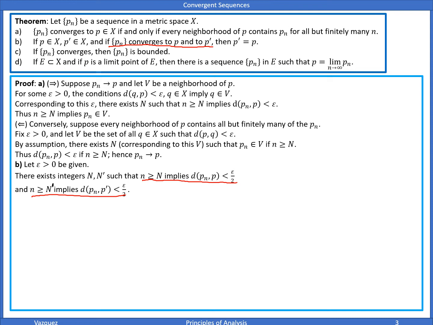And again, let me draw a little picture to help us understand this before we move on. So let's say this is P, this is P sub n. Can a sequence converge to both of those?